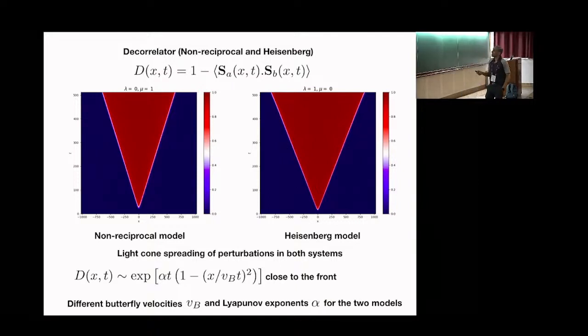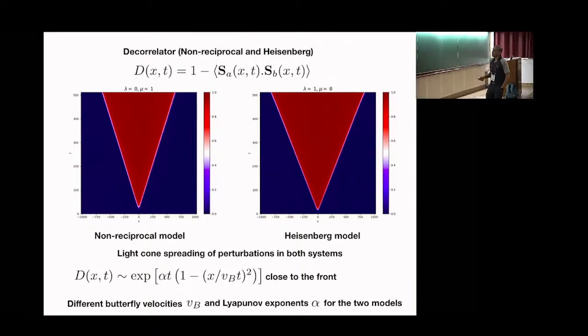You can see that both for our model, the non-reciprocal model, and for the Heisenberg model, you actually do have this ballistic spread of chaos. You have a red region, which is where the disturbance has reached, nicely separated from a blue region where the disturbance hasn't reached, with a linearly, ballistically propagating front between them.